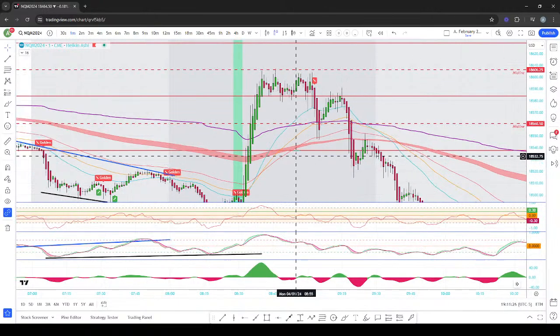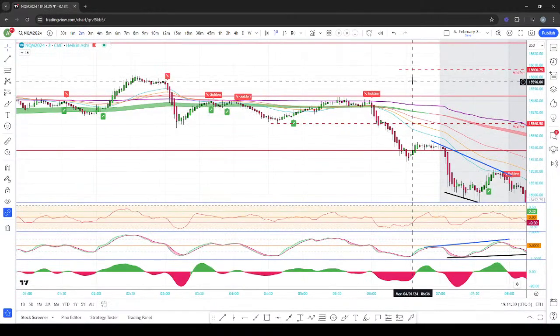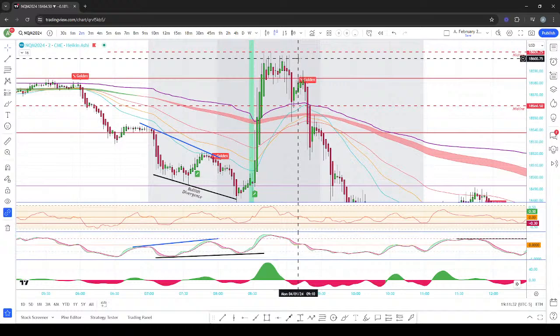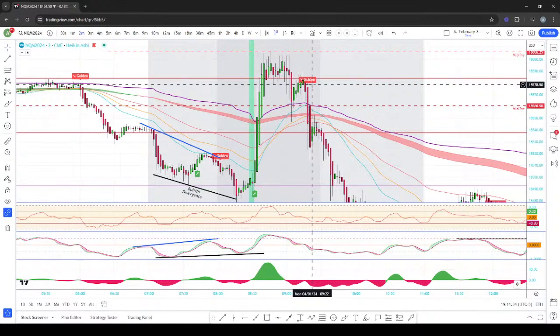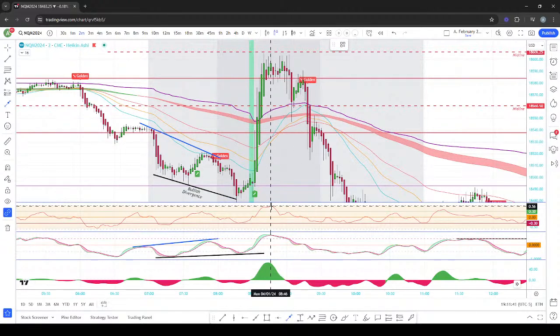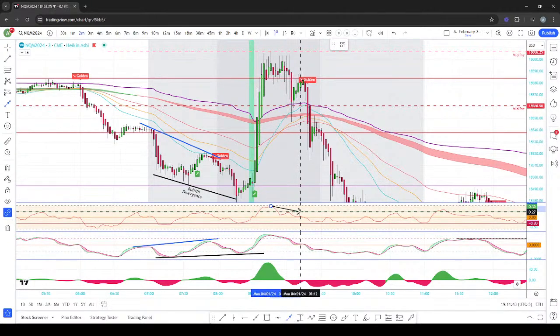But the really cool thing about this is even if I'm on the 1 or the 2 minute, I've showed this little trick before. Okay, here we get the signal, and if you see the momentum of the oscillators here, it's all going down.